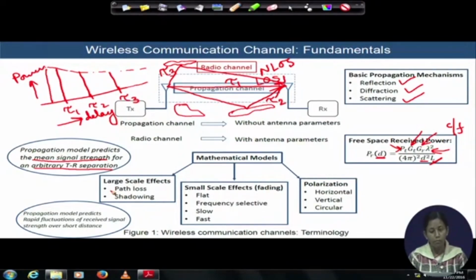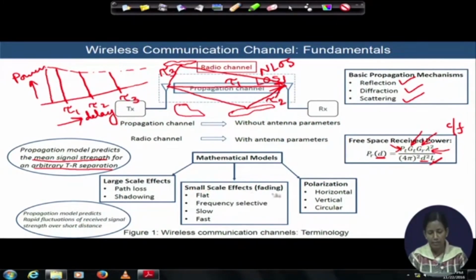But the most important part, where our interest lies in wireless communication, is the small scale effect. The wireless channel model which captures the small scale effects predicts the rapid fluctuations of the wireless channel, and their reflection on the received signal strength over a short distance is captured by the small scale fading propagation model.